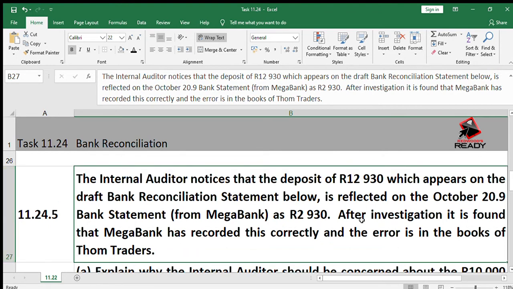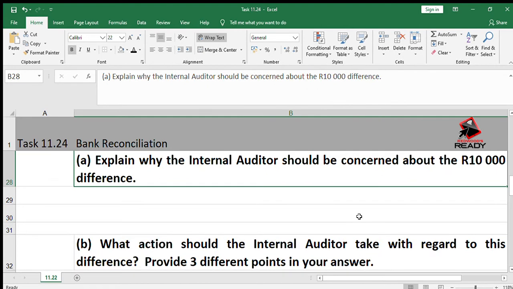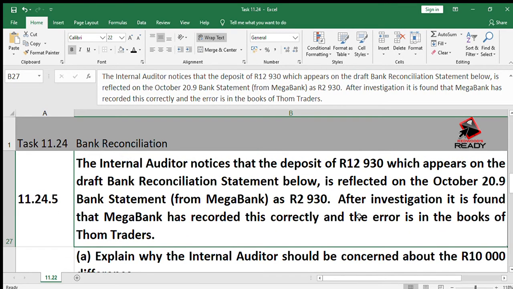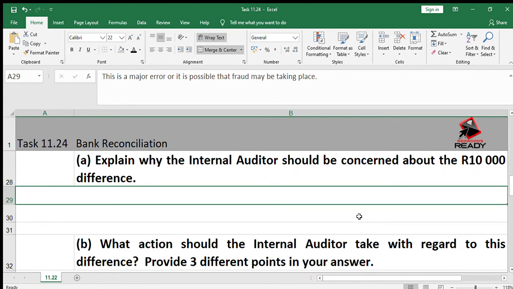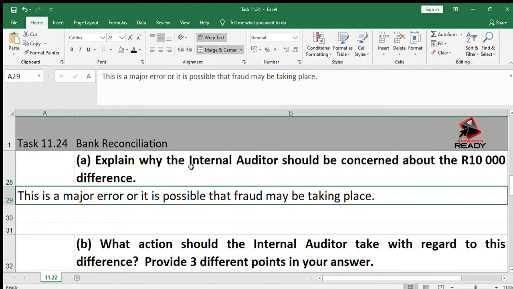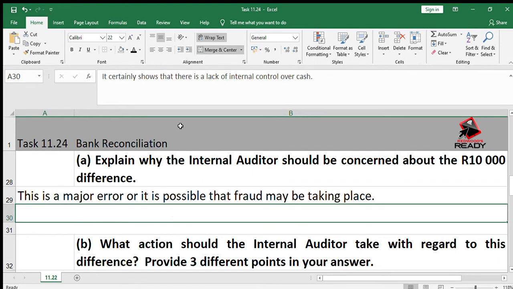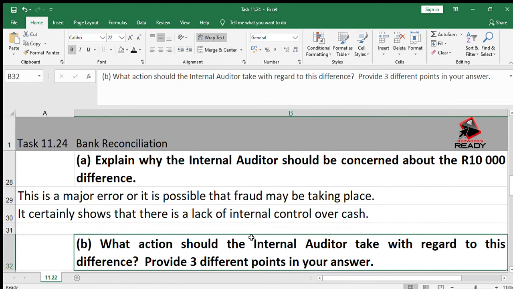Okay, we recorded the deposit as 12,930, where it was only supposed to be 2,930. Okay, so explain why the internal auditor should be concerned about the 10,000 rand difference. Okay, so this is a major error or material error, and it is possible that fraud may be taking place. Okay, there is definitely a lack of control or internal control over cash.